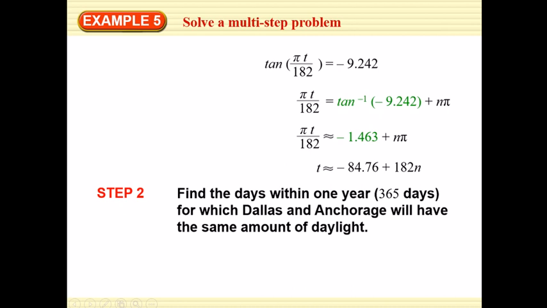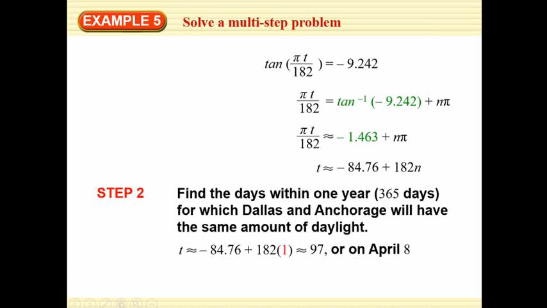So, step 2 here, I need to find the days within 1 year, so that's 365 days, in which both Dallas and Anchorage will have the same amount of daylight. So I substitute in n equals 1, and then n equals 2 or n equals 3. n equals 1 comes out to approximately 97.